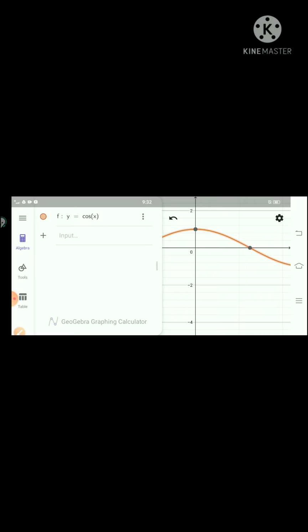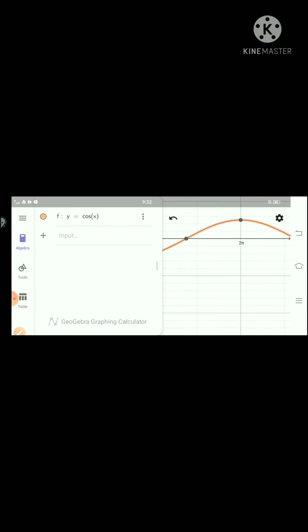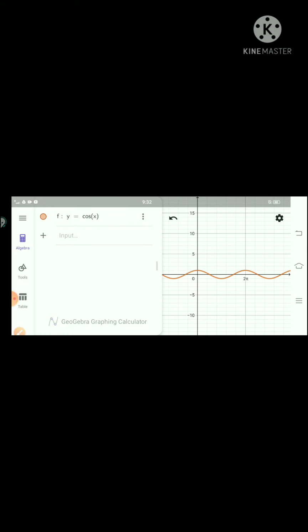Since b is equal to 1, 2 pi divided by b, our one complete cycle, or our period, would be 2 pi.